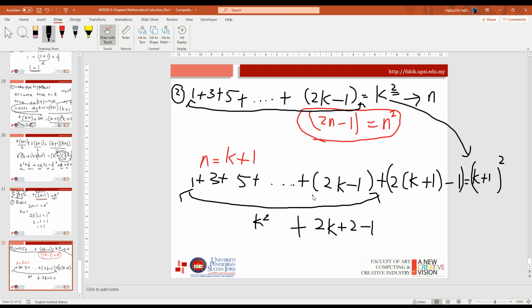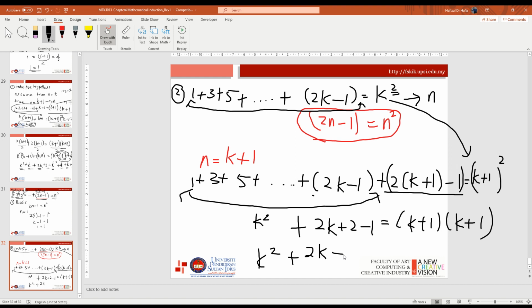Yang ni kita dah buka is equivalent to k plus 1, k plus 1 k power of 2 plus 2k plus 1 is equivalent to k power of 2.